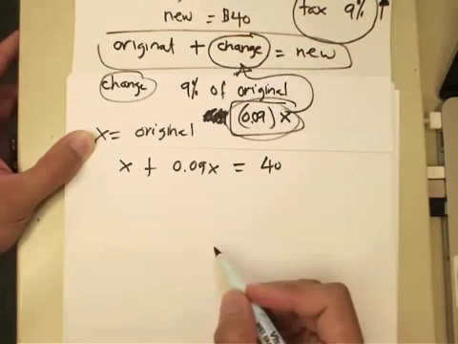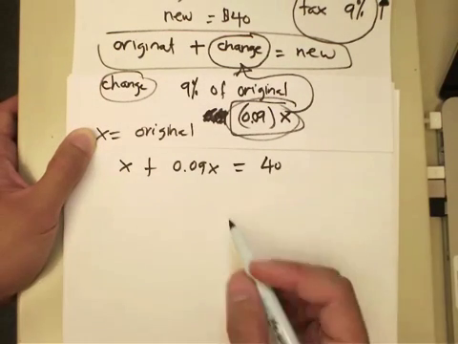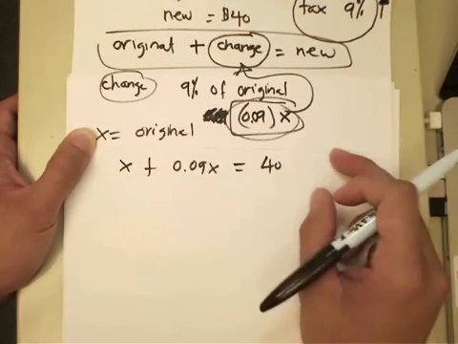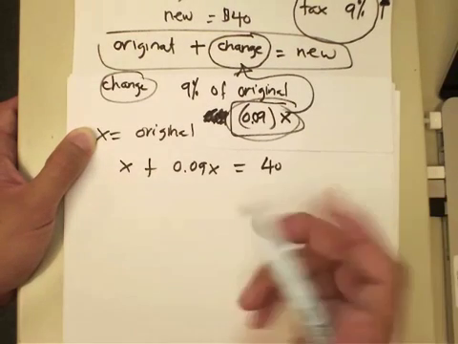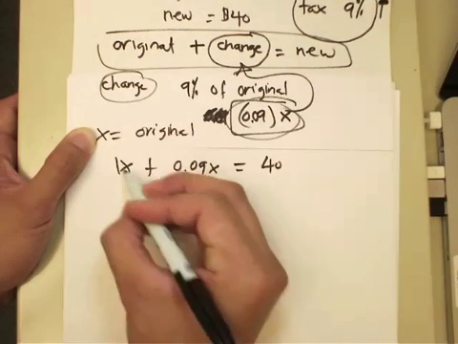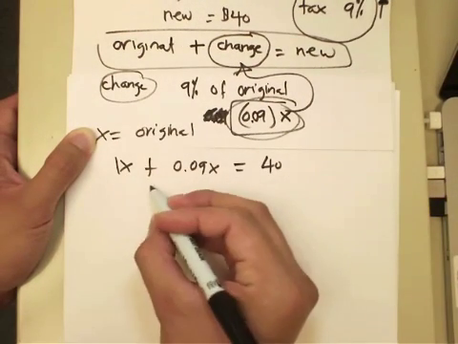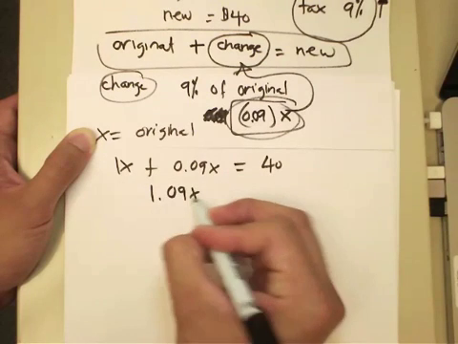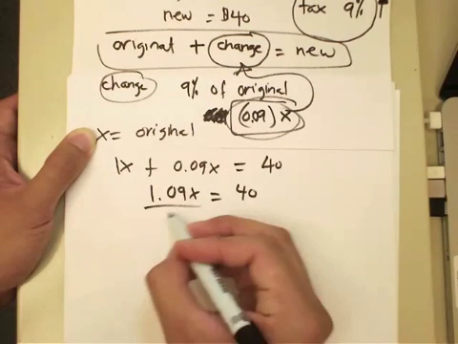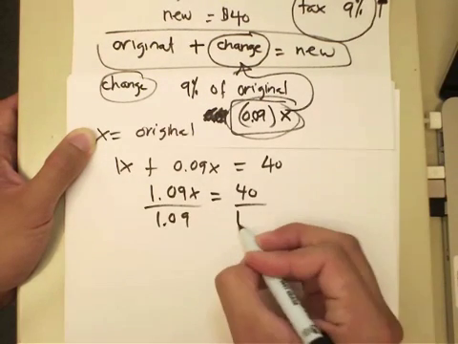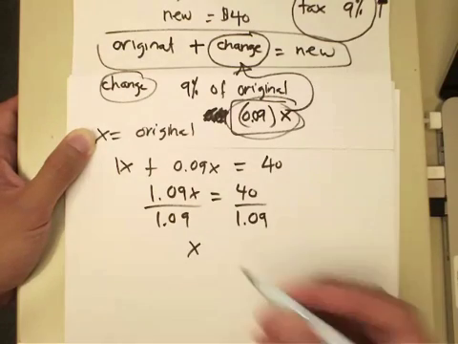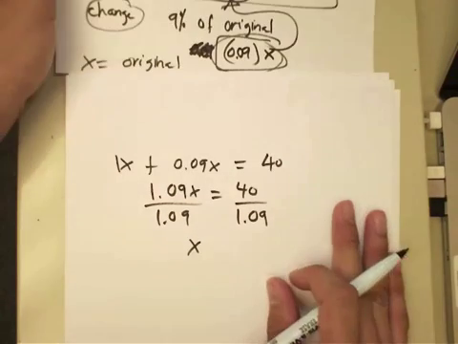Now it is a completely different problem, more complex, so if you have a question on this, please feel free to ask me in class. This is 1x plus 0.09x, which will give you 1.09x equals $40, and you can just go ahead and divide to find out what that original price is.